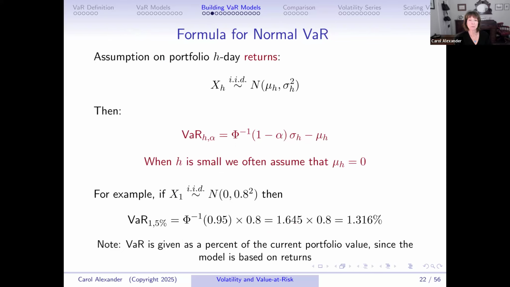All right, let's start off with the normal VaR. The assumption on the portfolio H-day returns is that they are IID and they are normally distributed.